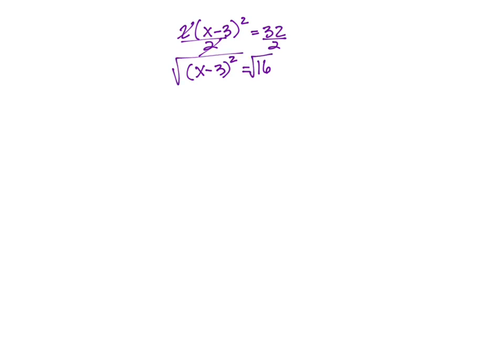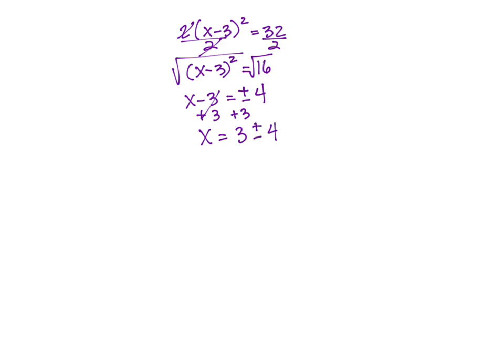So what's left on the left? x minus 3. And on the right, equals plus or minus the square root of 16 is, remember, you've got to have both the positive and the negative option there. Plus or minus 4. Now what? Add 3. So x must equal 3 plus or minus 4.